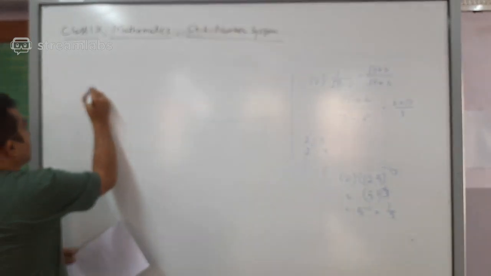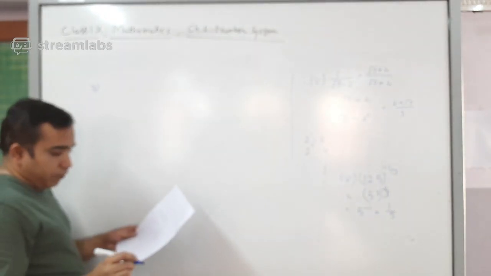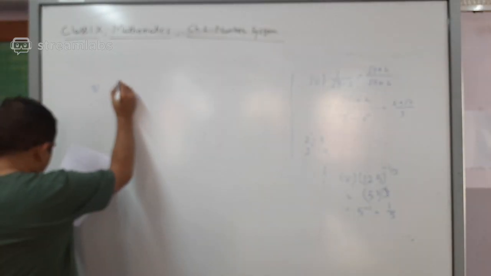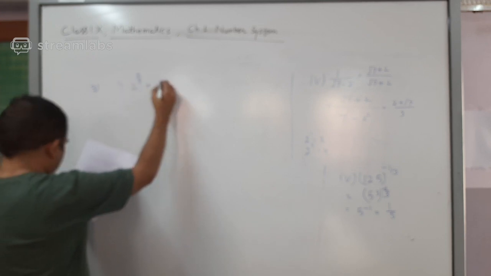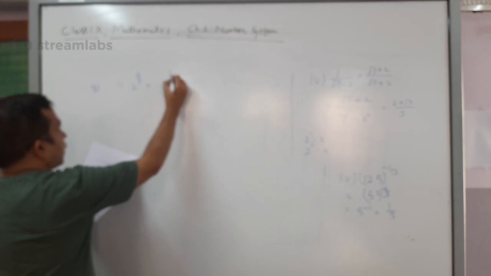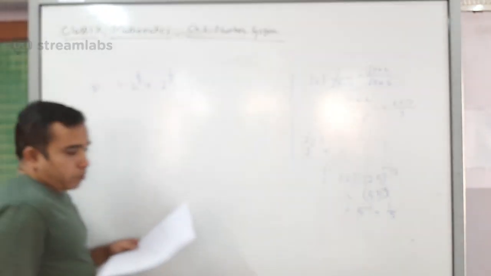Third question of the same exercise, let us see. Let's simplify. What to simplify? 2 raised to power 2 by 3 multiplied with 2 raised to power 1 by 5. Right.